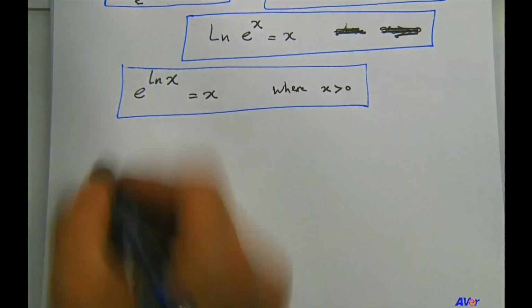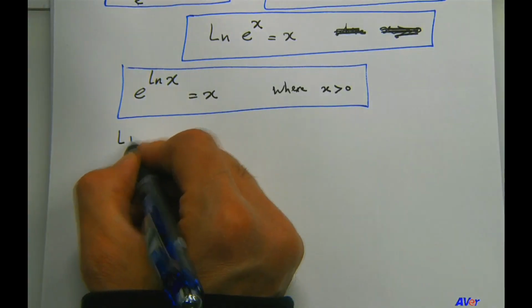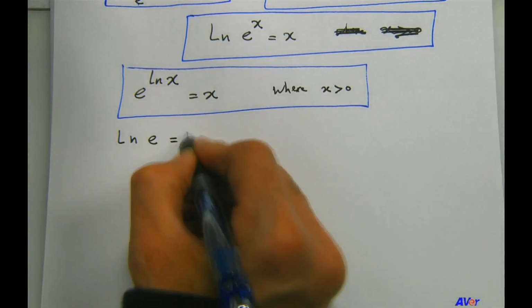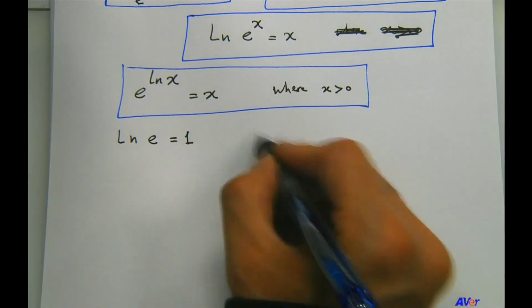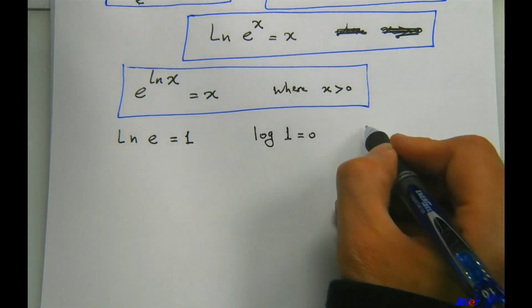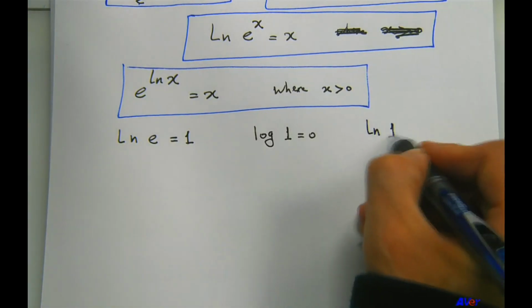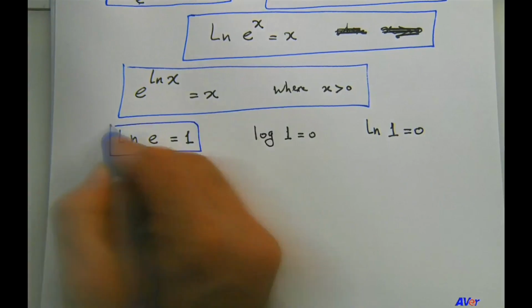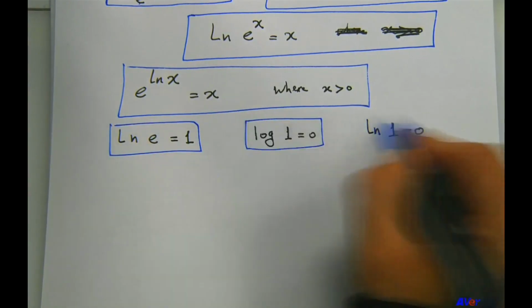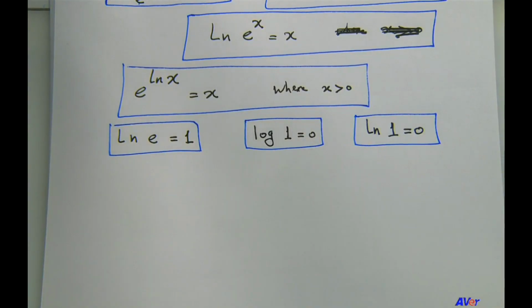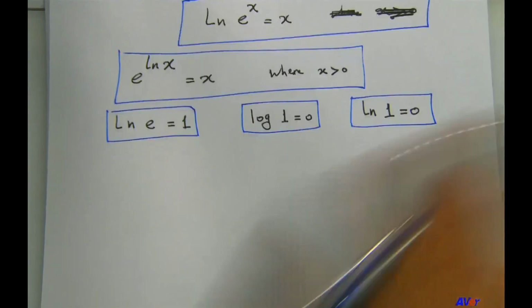And then a few other ones that are very, very useful actually. Natural log of e is equal to 1. Log of 1 is equal to 0, as well as natural log of 1 equals 0. Also the change of base formula.